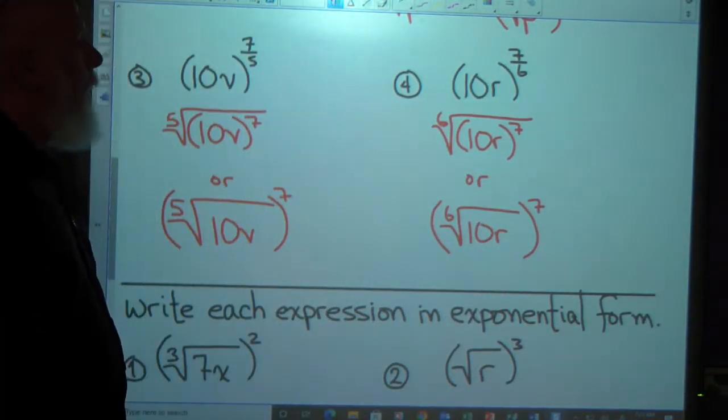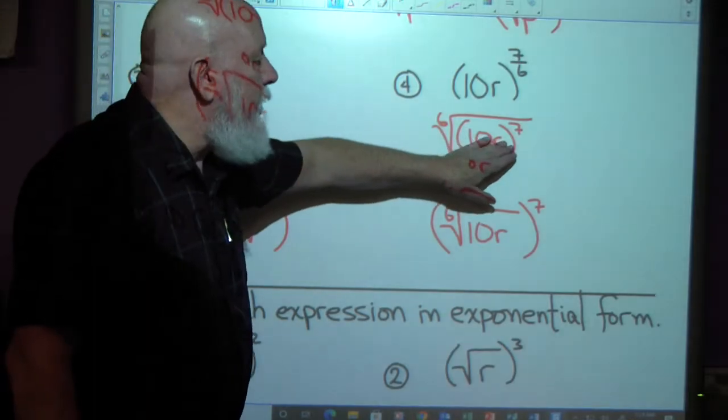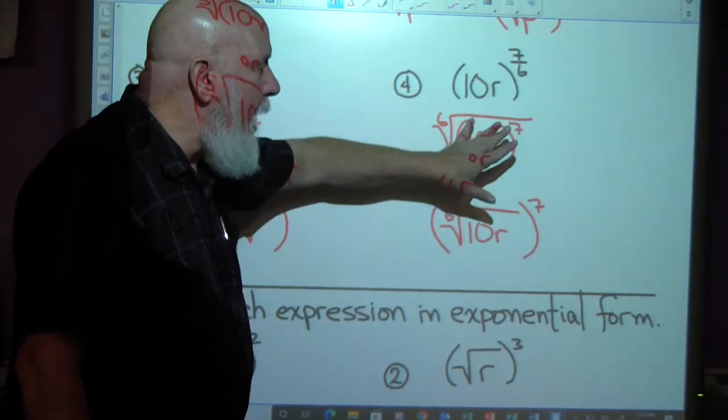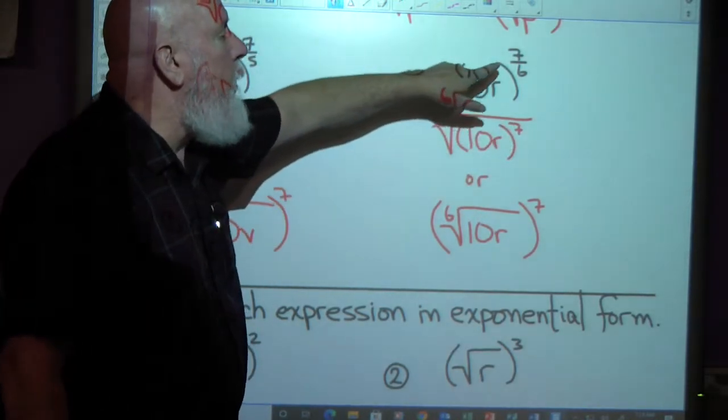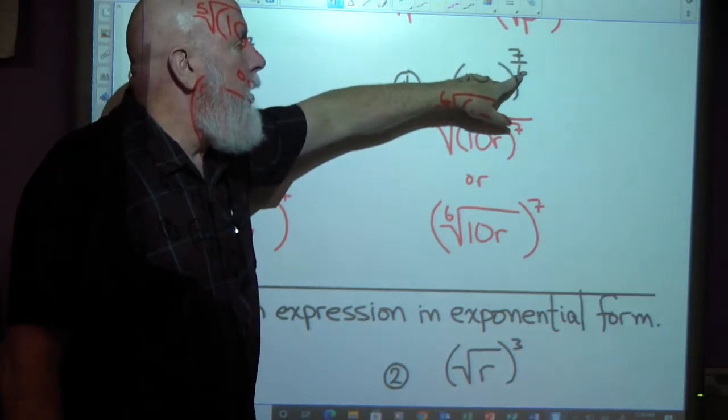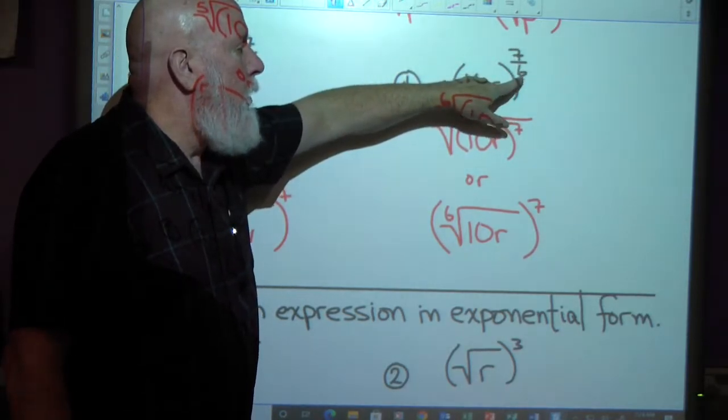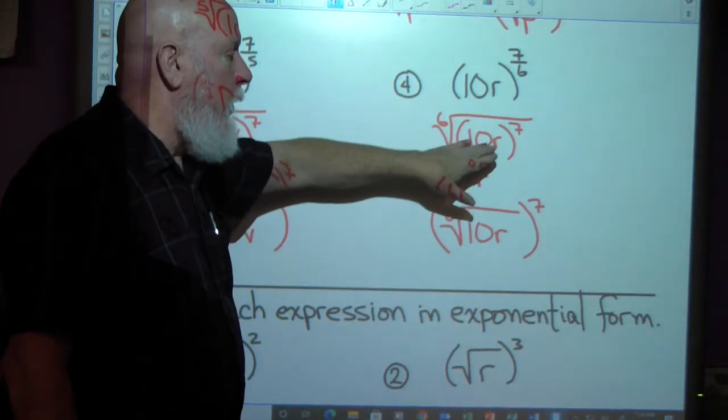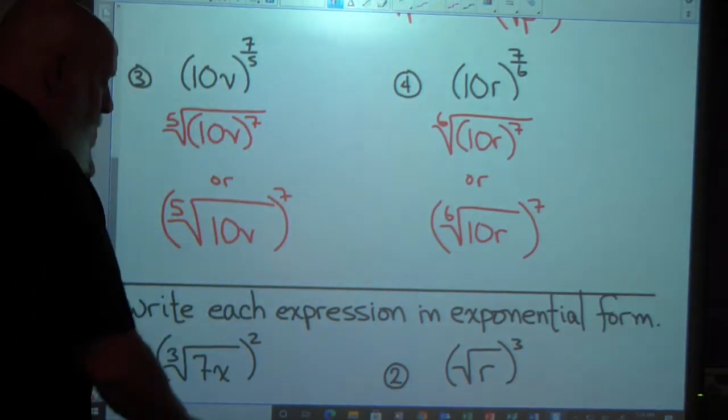Okay. Now, there are ways we could simplify this even further, but for today, we're just going to rewrite rational exponents as radicals. And we'll get into simplifying them later.